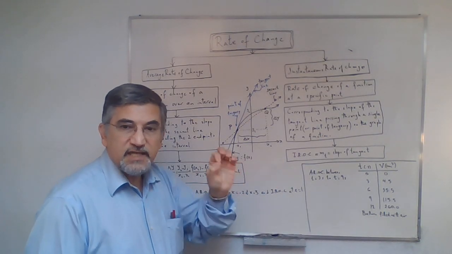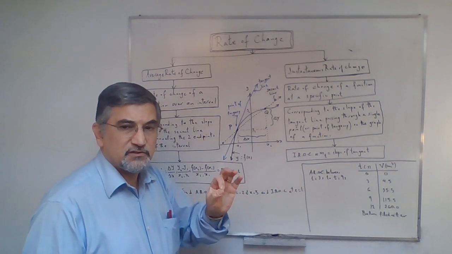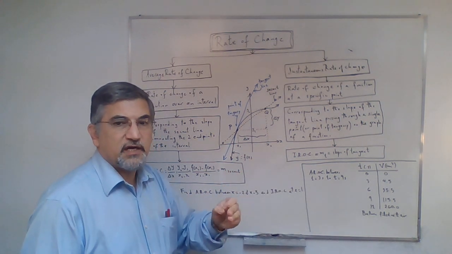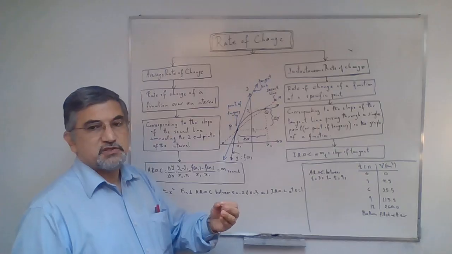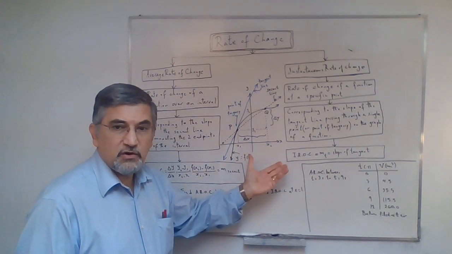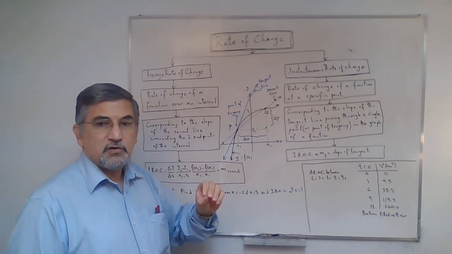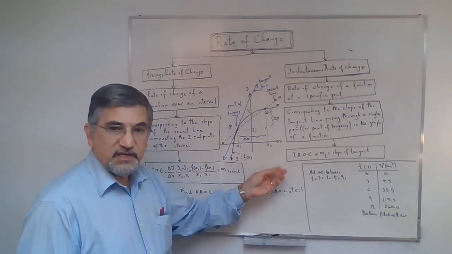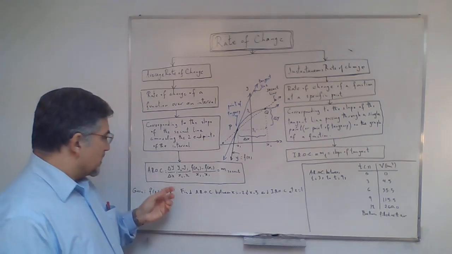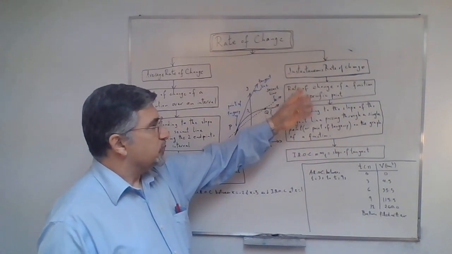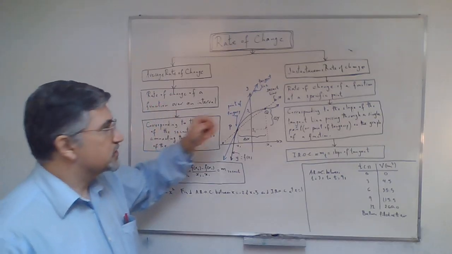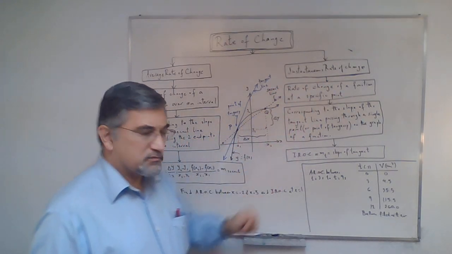But if you want to exactly calculate the slope of tangent, it can be done later on using the idea of limits. But because we have not learned about limits yet, we don't talk about it now, and we only mention estimating the slope of tangent or estimating the instantaneous rate of change. So these are the two rates of change we have. As I said, average rate of change for 2 points, instantaneous rate of change for one single point.